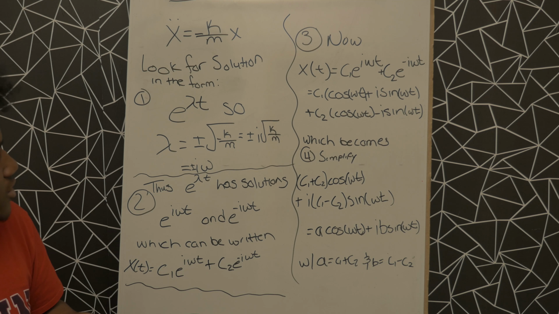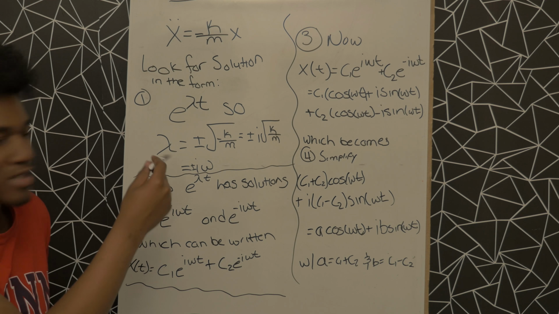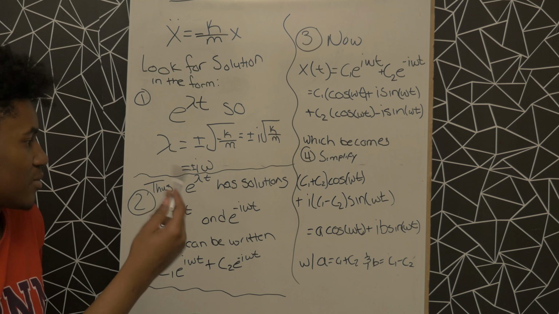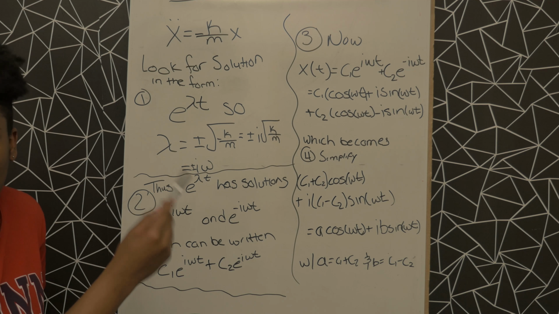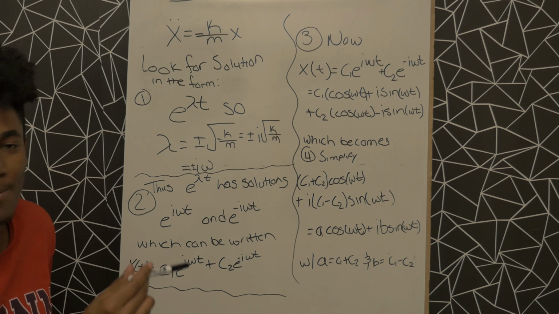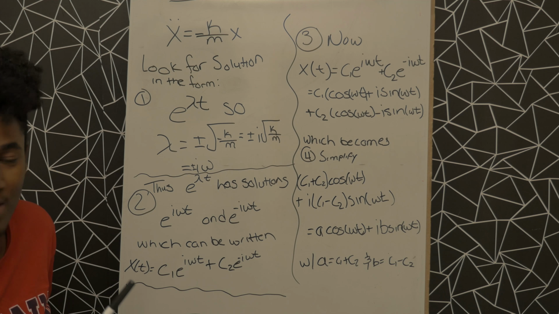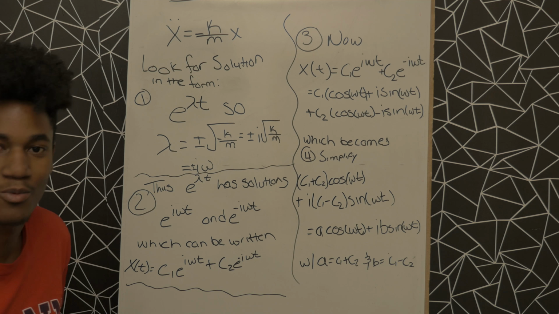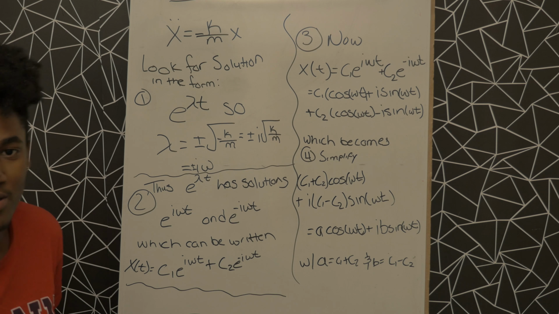So when trying to solve this, you say lambda in this example is equal to plus or minus the square root of negative k over m, which will be simplified eventually to plus or minus i omega, where omega is equal to the square root of k over m. And within that same statement, omega is also the natural frequency, which is the part you want to get out when you're trying to filter.